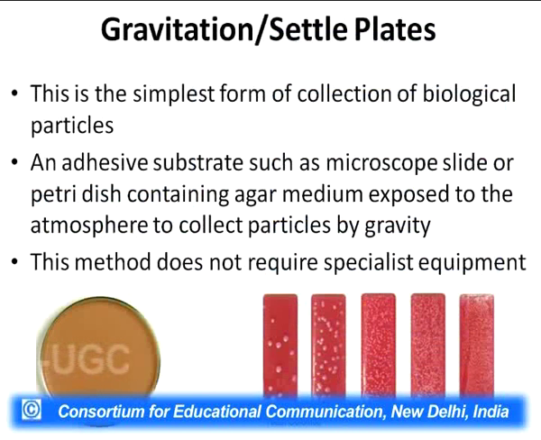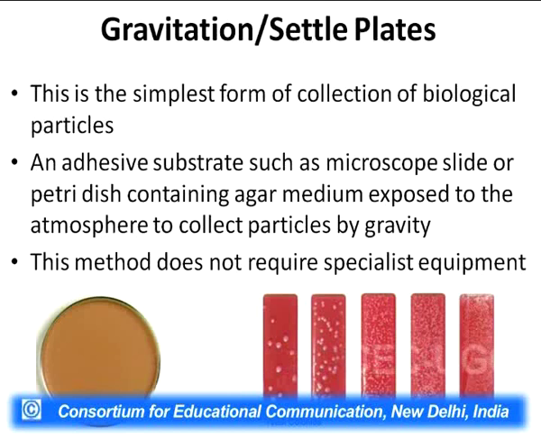Now, what is gravitational or settle plate? This is the simplest form of collection of biological particles. In this technique, an adhesive substrate such as a microscope slide, or a petri dish containing agar medium, is exposed to the atmosphere to collect particles by gravity. This method does not require any specialist equipment.